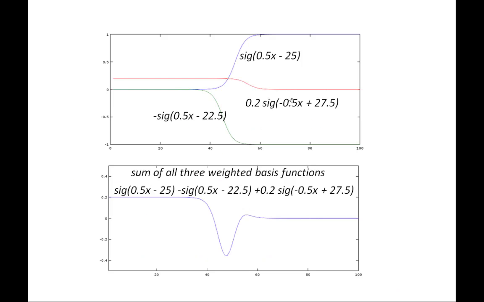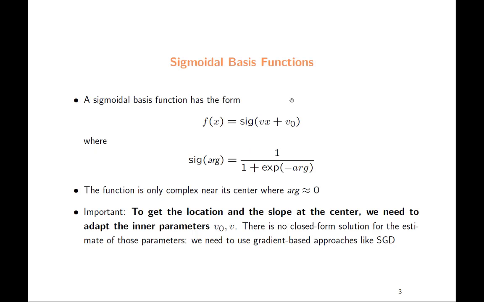And these basis functions, they assume a very specific form. They have a characteristic which reminds a little bit of the transfer function of a biological neuron. So this is the one-dimensional case, v naught plus a constant weight v multiplied by x.